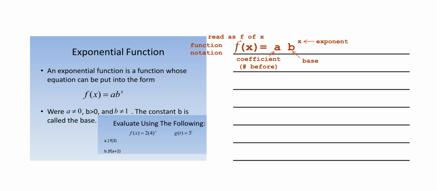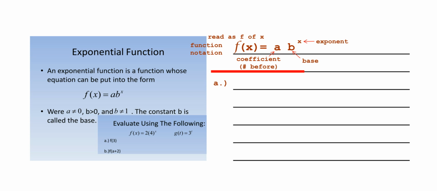And for the second case, b, it asks for f at a plus 2. Does it ever ask in this case for g of t? Probably not for those two examples, but we'll do a few more where it will ask for g of t. So we're only going to use the f of x equation format for a and b.